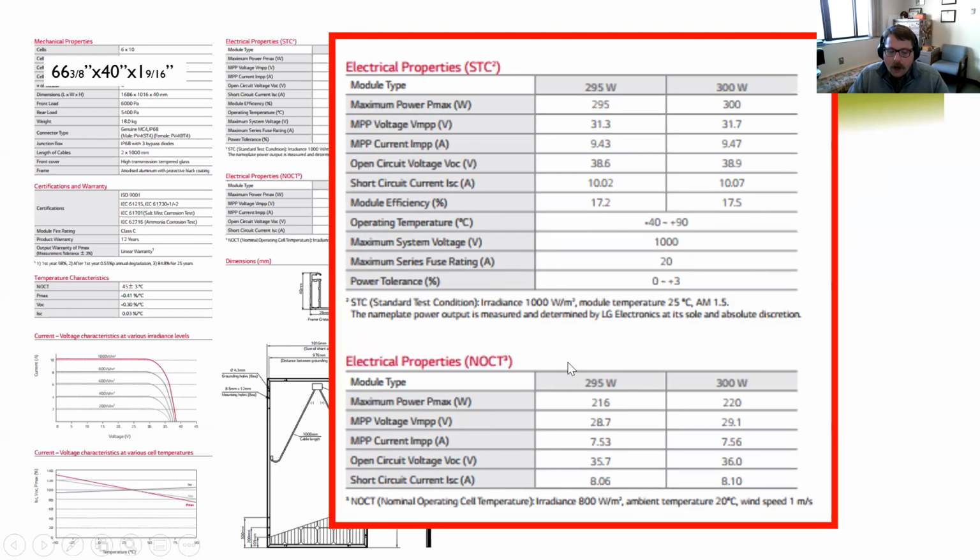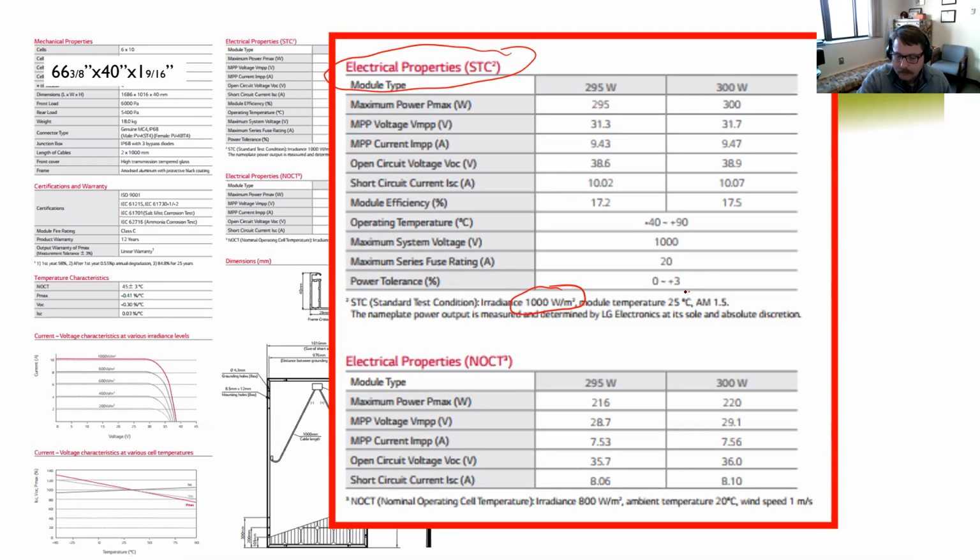I brought up some of the properties of a solar module or solar panel, and I want to point out just a couple of things. One is that on the top here, we have the standard electrical properties under STC, standard test conditions. Standard test conditions are kind of laboratory conditions. We have a set amount of sunlight, 1,000 watts per meter squared.